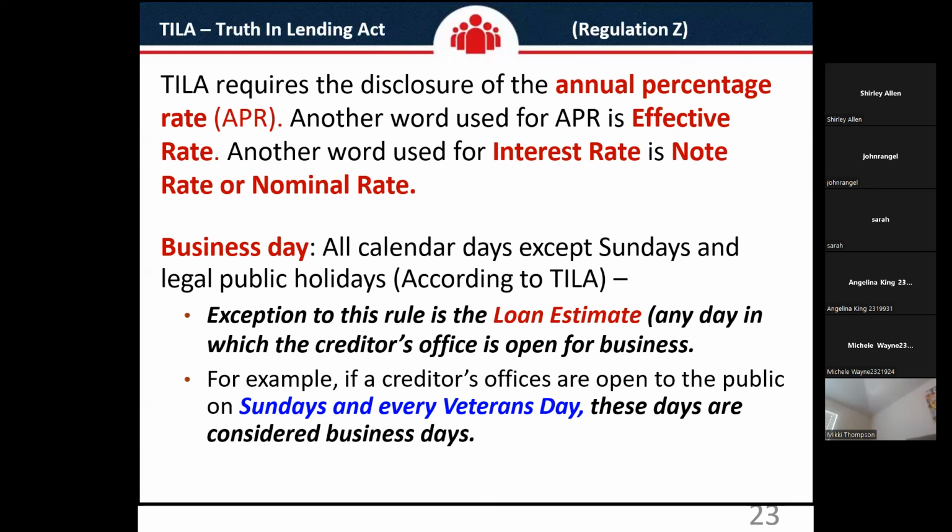So if you were doing your transaction with the supermarket bank and the documents were signed on Thursday, and you have the 3-day waiting period to return them, that will be Friday, Saturday, and Sunday. That bank is open for business on Sunday, so you have to make sure the documents are returned according to when that creditor's office is open for business.